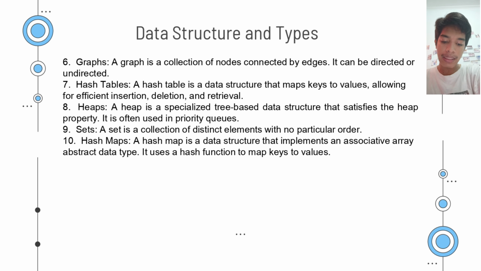A set is a collection of distinct elements with no particular order. And ten, hash maps. A hash map is a data structure that implements an associative array abstract data type. It uses hash functions to map keys to values. Alright guys, these are the types of data structures. There are so many types, but we just use array, linked list, stack, and queue.